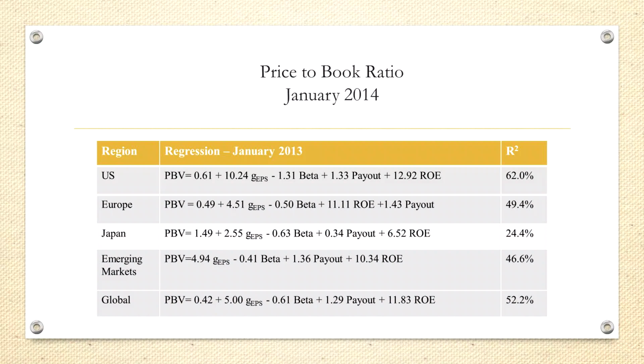It's pretty good because more than 50% of the variation in the P/B ratio can be explained by four important factors: the growth, cost of equity or beta, payout ratio, and ROE. So cross-sectional regression could be very useful for you to find a reasonable P/B ratio for certain markets, for certain companies.